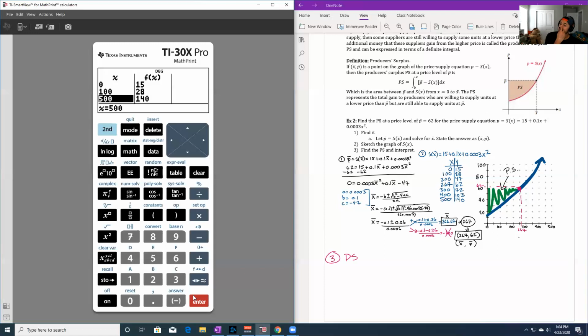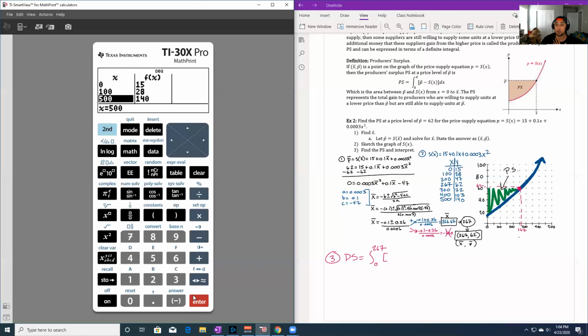So our producer surplus is going to be the integral from 0 to 267, and it's going to be P bar.